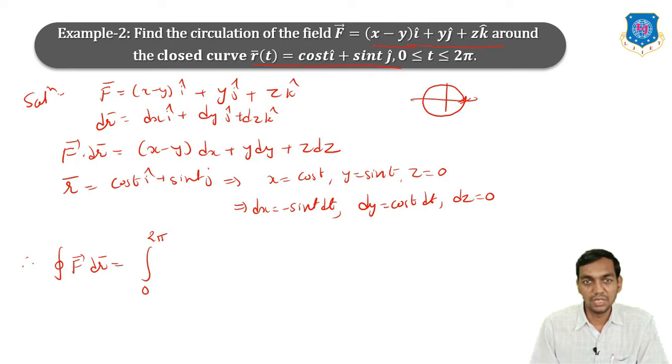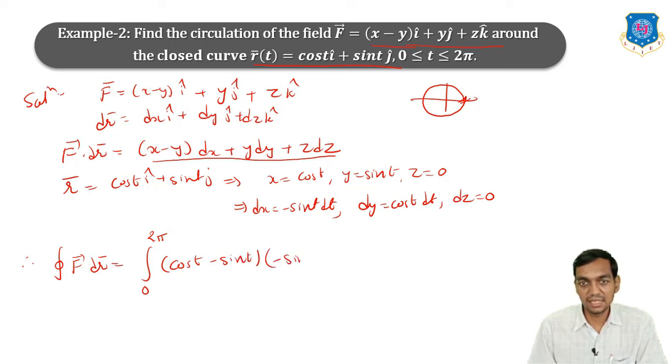So we are going to substitute all values in the form of t. So x is cos t, y is sin t, dx is minus sin t dt, plus y is sin t, dy is cos t dt, and dz is 0, so the last term is already 0.